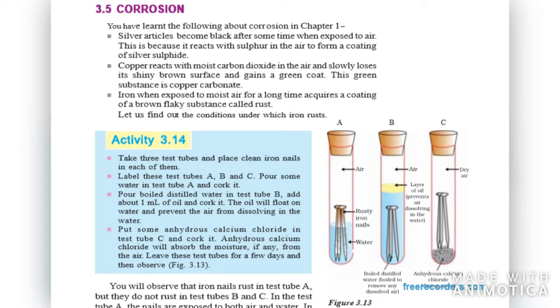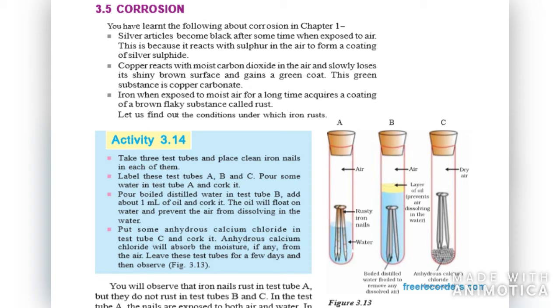Last topic is corrosion. In this, you have learned the following about corrosion in chapter 1. The first one is about silver. When silver articles are exposed to air, they become black. This is because it reacts with sulfur in the air to form a coating of silver sulfide.